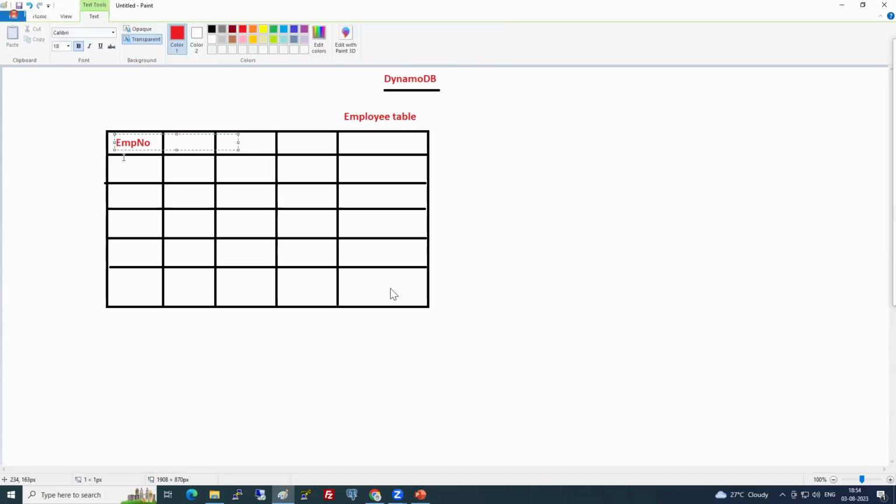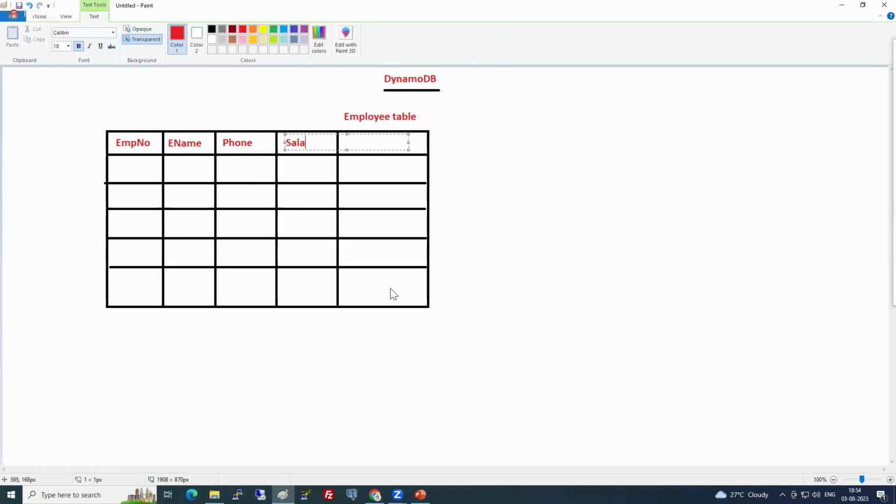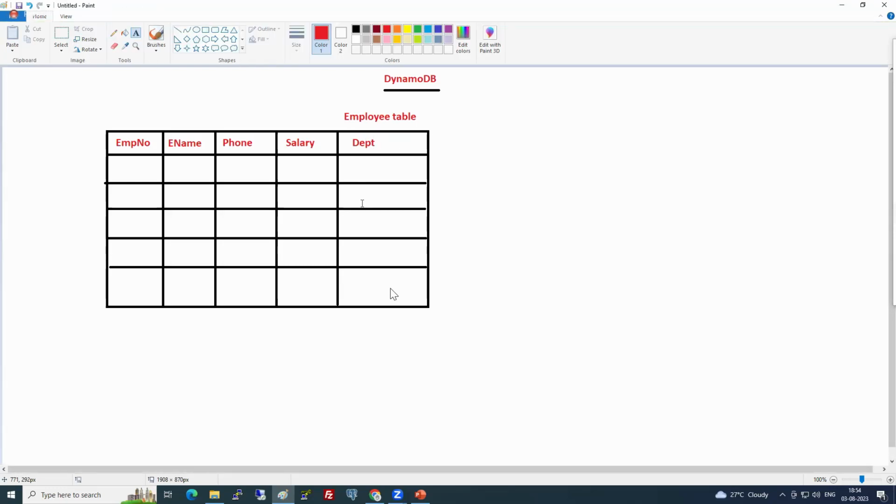Employee number, employee name, phone number, address, salary, and then department. So you can have so many columns like this. Oh, there are so many things. Okay. Now let us go and write the rows here.